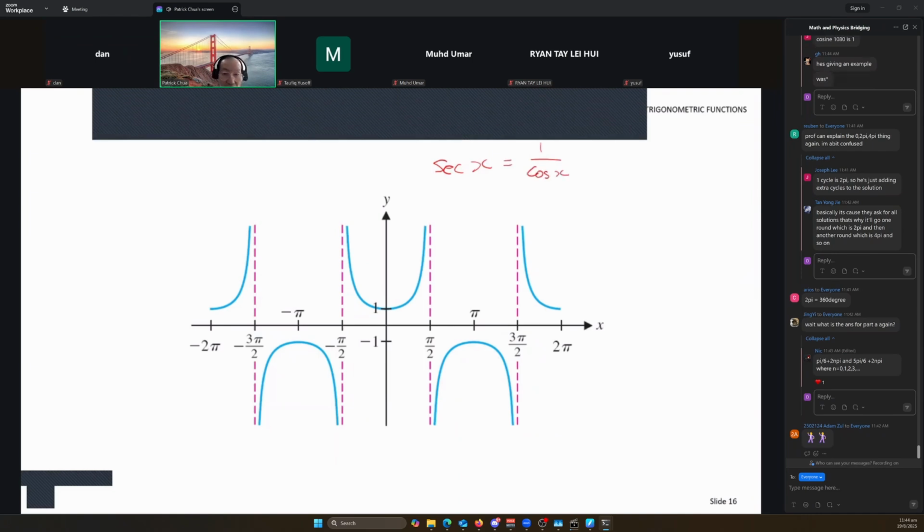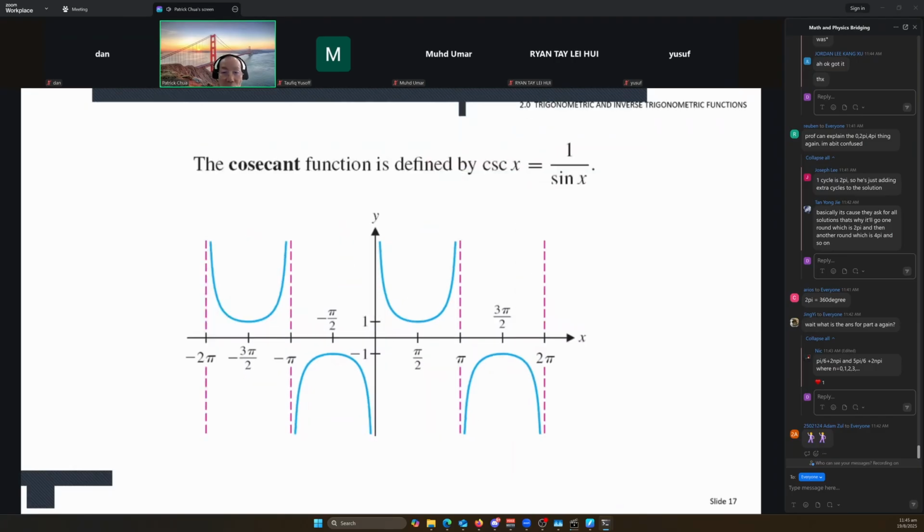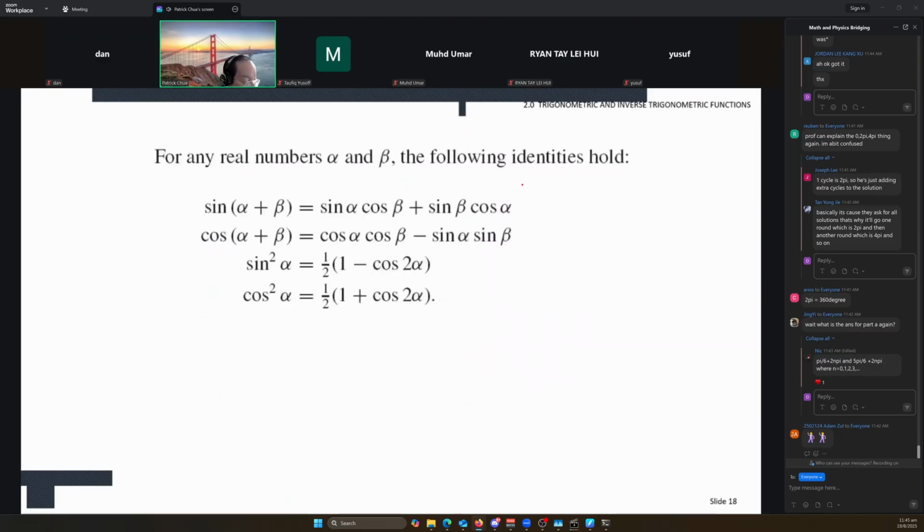This is a plot of secant x, just for you to appreciate the waveform. It has asymptotes also. Then cosecant is 1 over sine x. This is its waveform if you plot it. All right, so we have more or less briefly looked at waveforms.